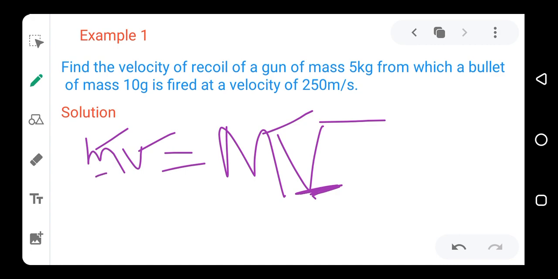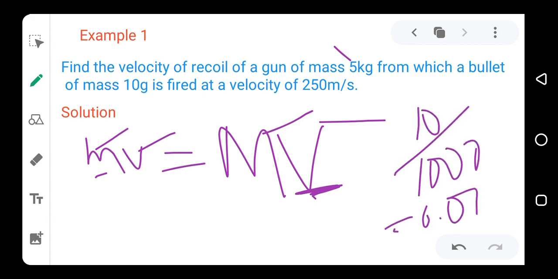We know the mass of the bullet as 10 gram. Why is this one in kg? That means that you are going to convert the 10 gram to kg. 10 divided by 1000 is equal to 0.01. So we have 0.01 times the velocity of the bullet, which is 250.